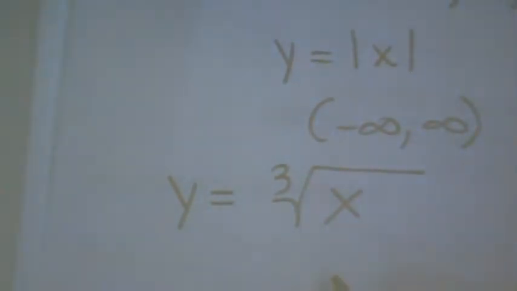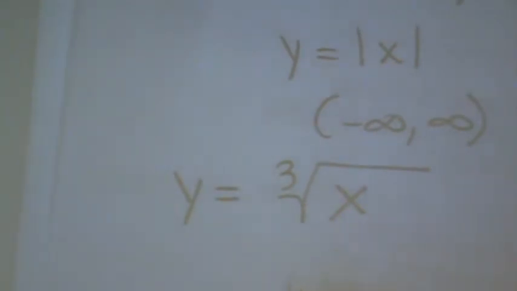Can you take the cube root of a negative number? Yeah, you can. Can you take the cube root of a positive number? Yeah, you can. So this one is all real numbers. So if it's a cube root or squared or linear, what's your domain? It's all real numbers.